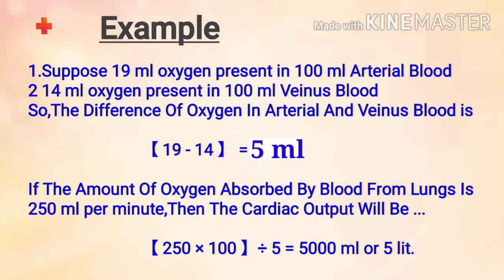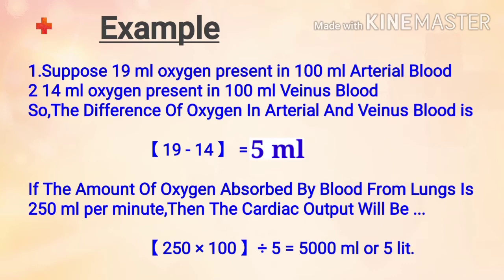Now let's talk about the example. Suppose 19 ml oxygen present in 100 ml arterial blood and 14 ml oxygen present in 100 ml of venous blood. So the difference of oxygen in arterial and venous blood is 5 ml.